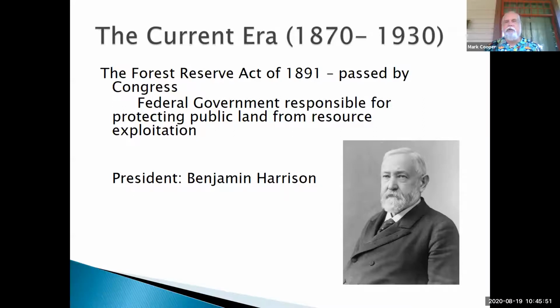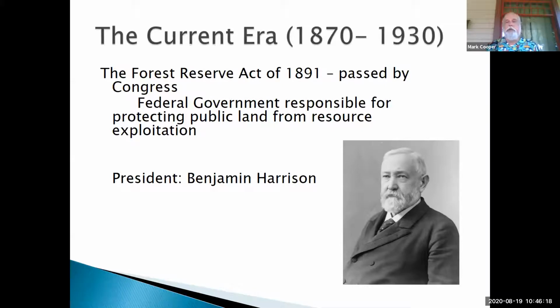So again, this is an environment class, so we want to look at them environmentally, although you can't just look at a person for one characteristic. But anyway, what he is known for environmentally is the Forest Reserve Act of 1891. So 1891, that would be a good date to know. And this allowed him to set aside land for the federal government, for the people.